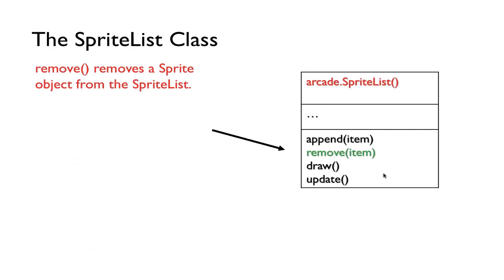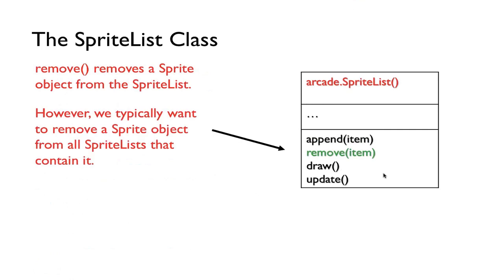There's a remove method from the SpriteList class, which allows us to remove a sprite from a sprite list. But typically, because a sprite can belong to many sprite lists, when we remove a sprite, we might want to remove it from all the lists. For example, if someone picks up a coin object, then that coin object should be removed from all the lists that contain it.